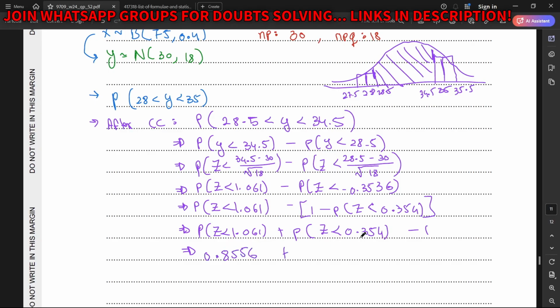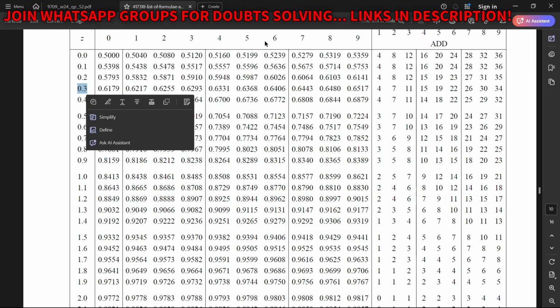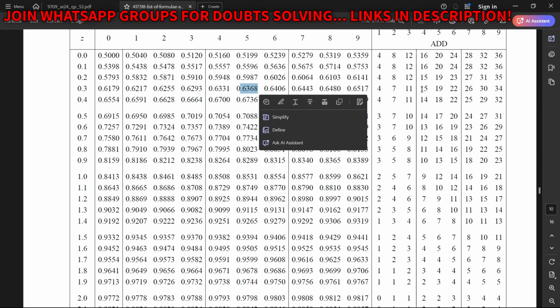0.8556 plus probability of Z less than 0.354. So if we see, we are having 0.3, then 5, and at 4 we have to add 15. So 0.6368 plus 0.0015.